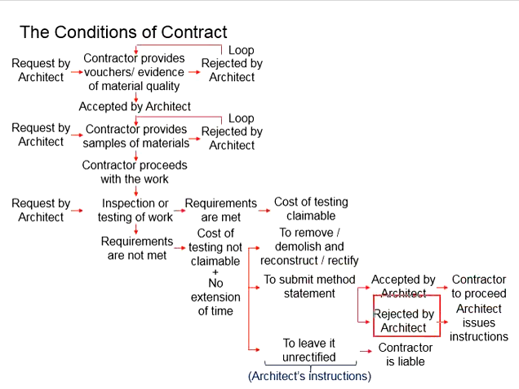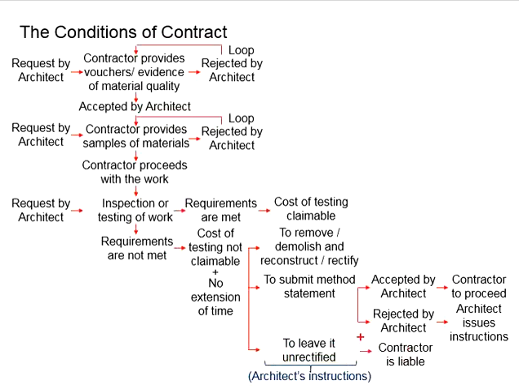However, if it is rejected, the architect will issue instructions and decide on the methods to be carried out for the work. The method statement here outlines the procedures and the works or the method used by the contractors to rectify the work.